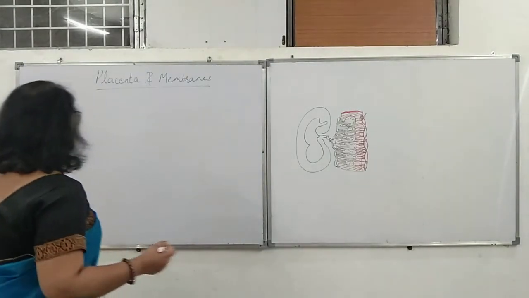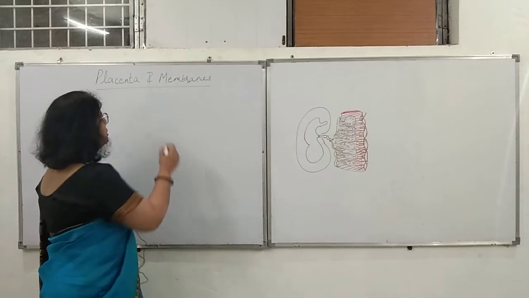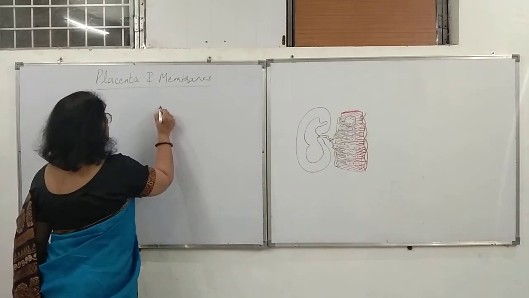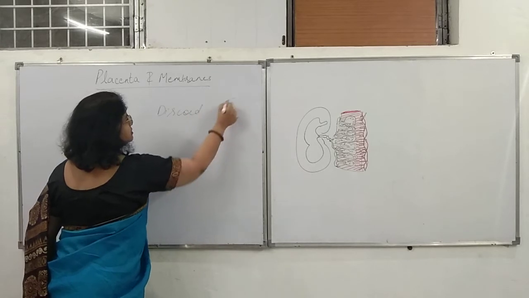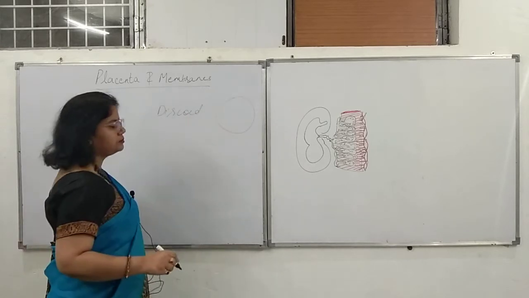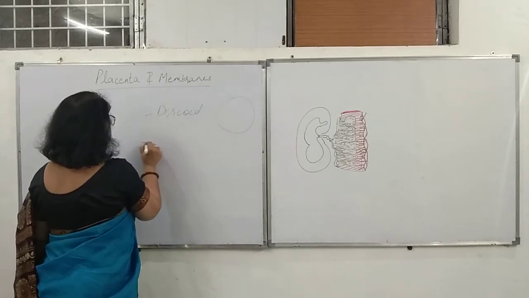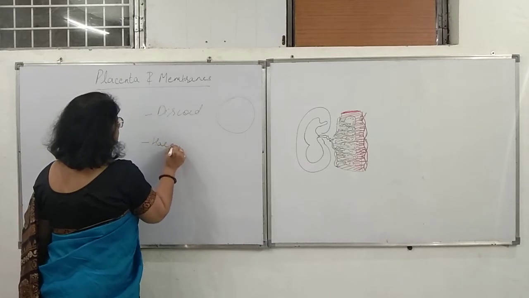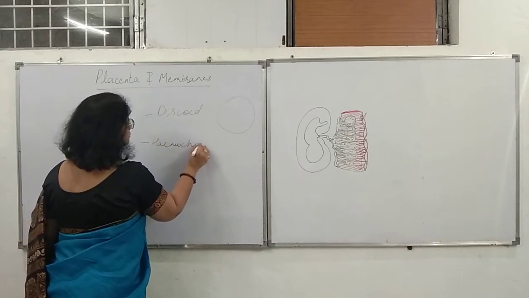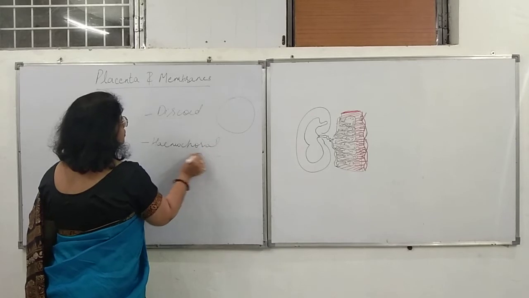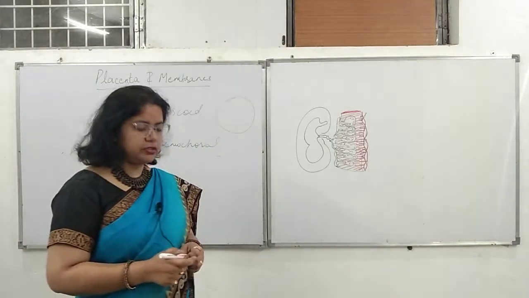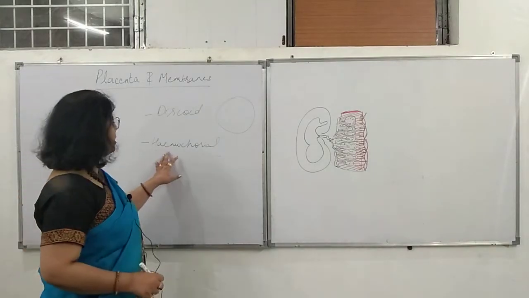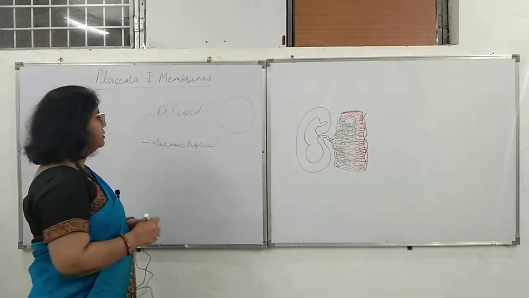Now number 1, the human placenta is called discoid, because of its shape, it is a disc like structure. It is also called hemochorial, because the chorionic plate, the trophoblastic tissue, comes in contact with the maternal blood.